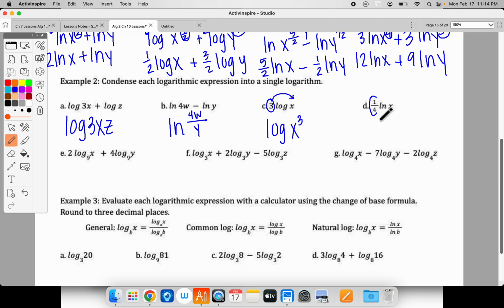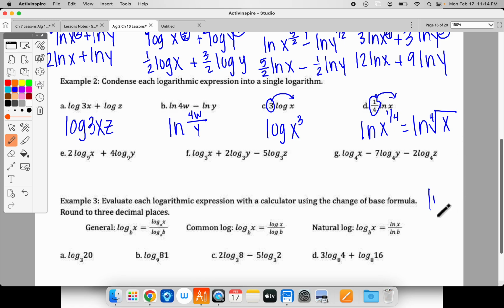Okay, same thing here. When it's in front, it can go back to the exponent. So this is a natural log of x to the 1/4. Fractional exponents are roots, like I was showing you a second ago. So because this is the 4th on the bottom, this is actually the 4th root of x.